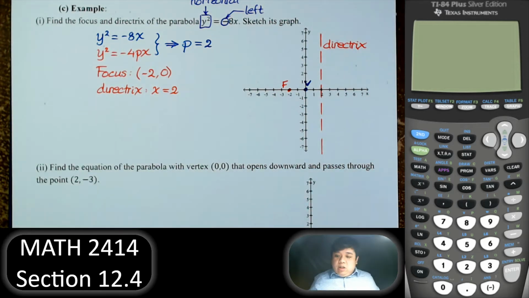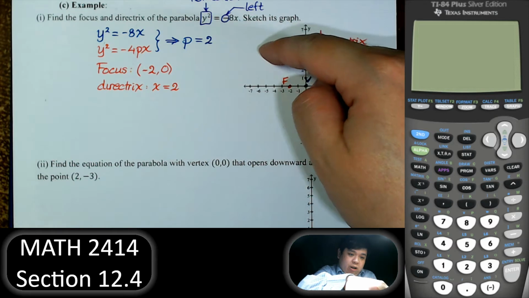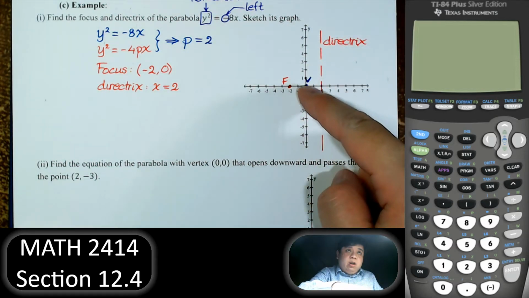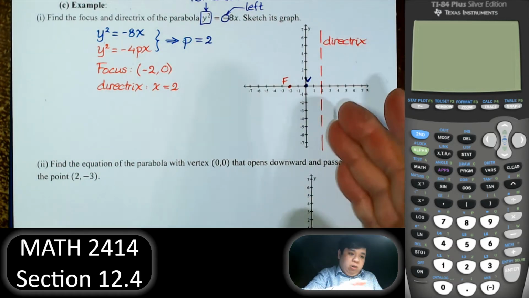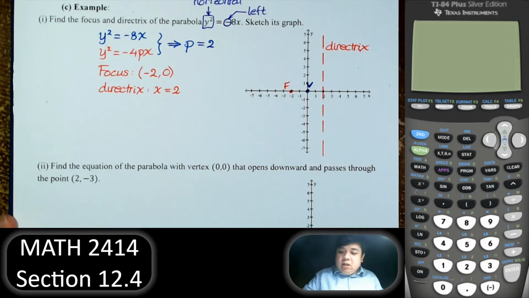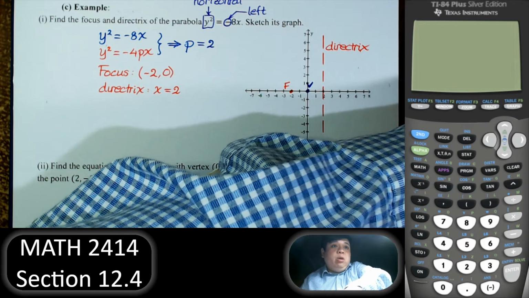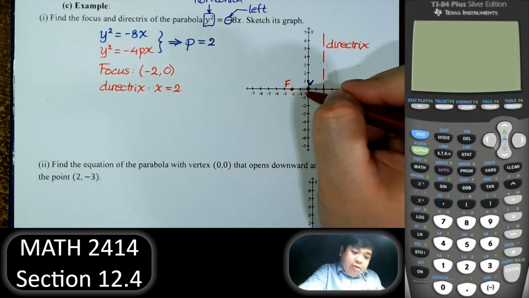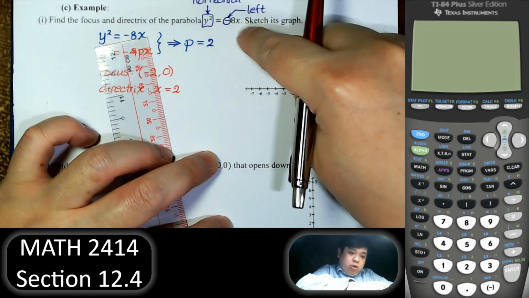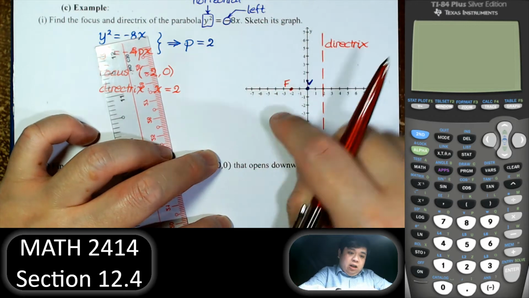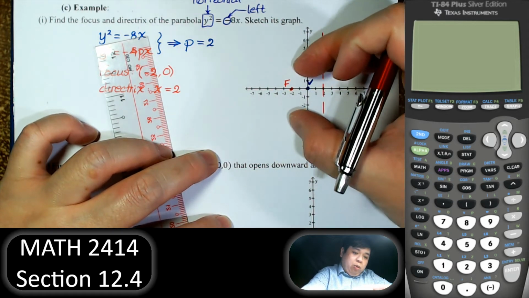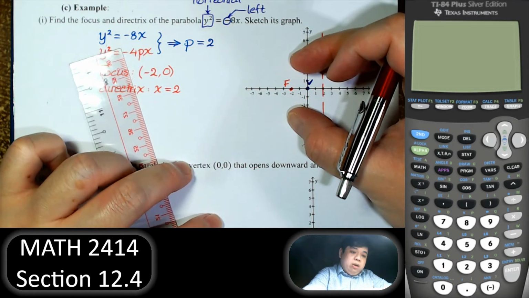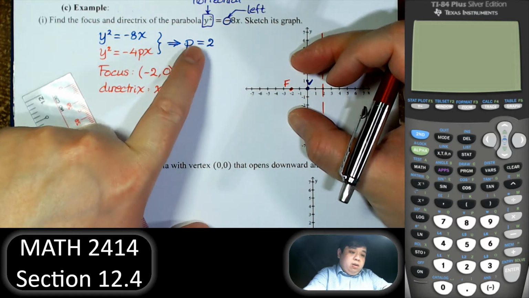Right. And then we just graph. To graph the parabola, all we do is go around the focus through the vertex, away from the directrix. But it will help if we use the length of the latus rectum. The distance across through the focus is going to be 4 times absolute p.